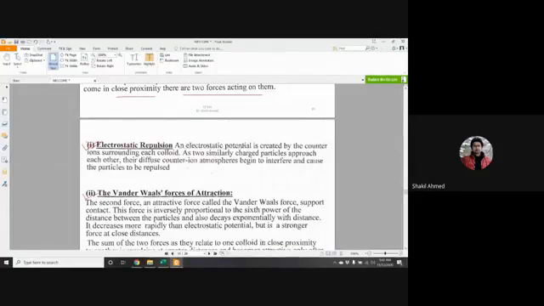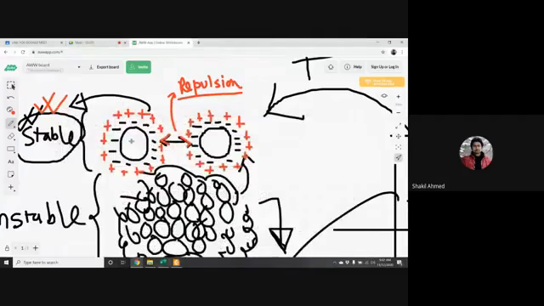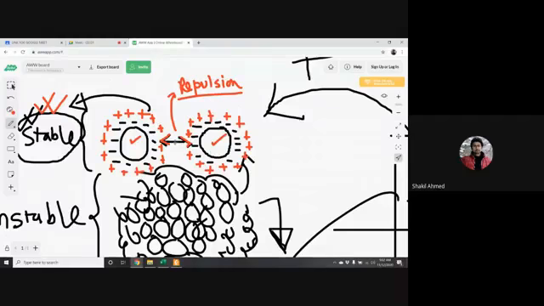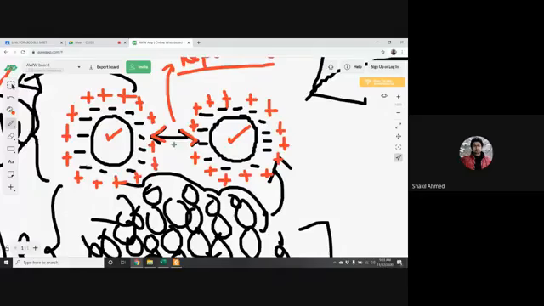An electrostatic potential is created by the counter ions surrounding each colloid. As two similarly charged particles approach each other, their diffuse counter ion atmospheres begin to interfere and cause the particles to be repulsed. So when they try to come close to each other, it's a layer, right?